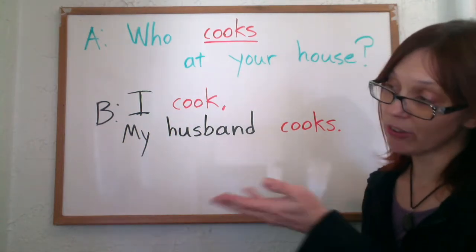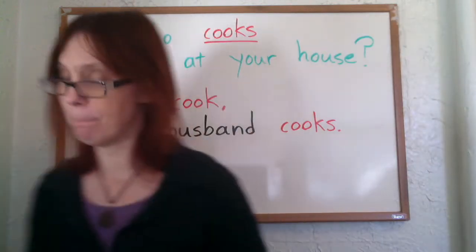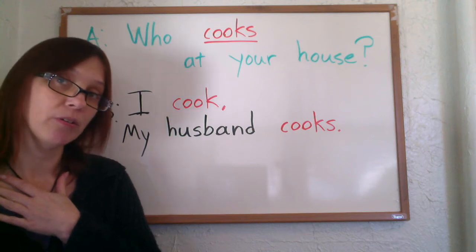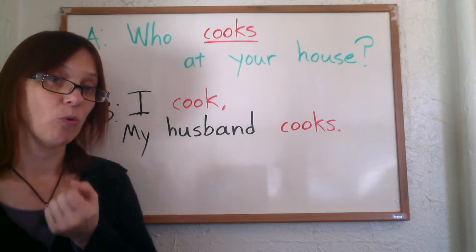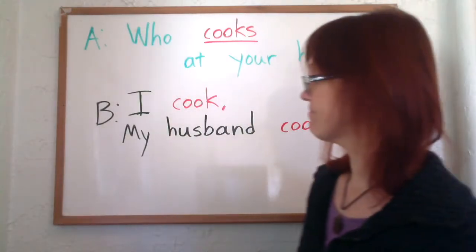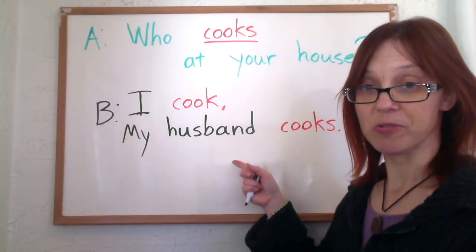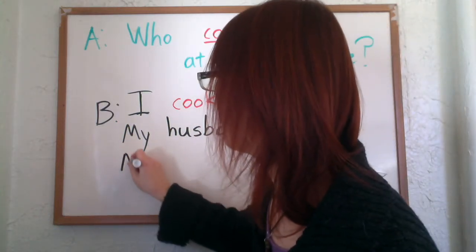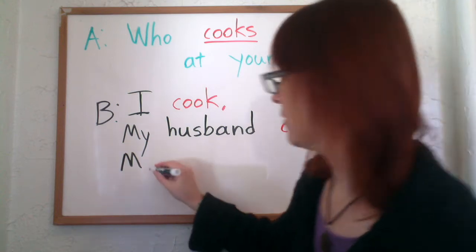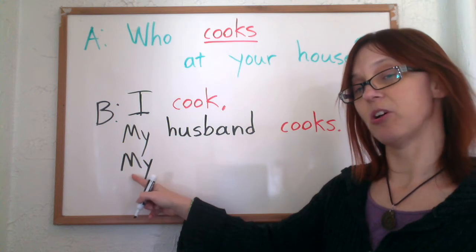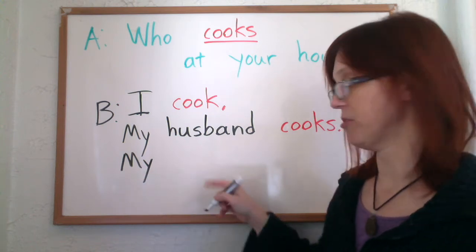Who cooks at your house? My mother and father. Or my parents. Mother and father. Capital M, small y. So the first letter in a sentence is always capital, and then small letters.